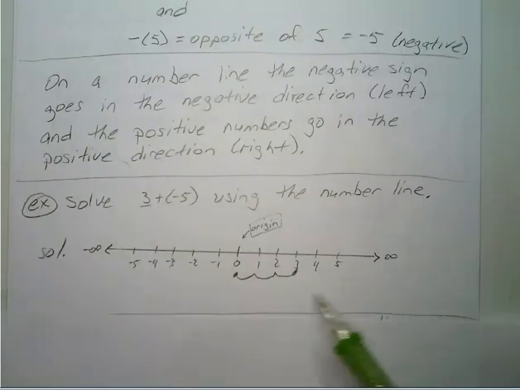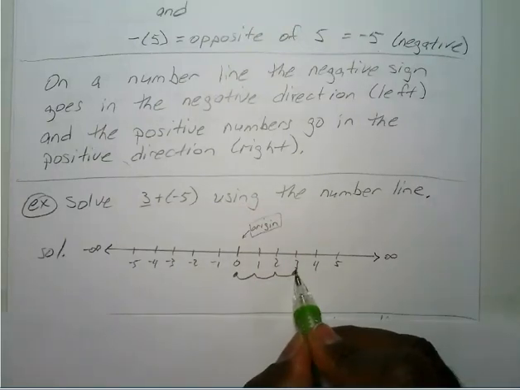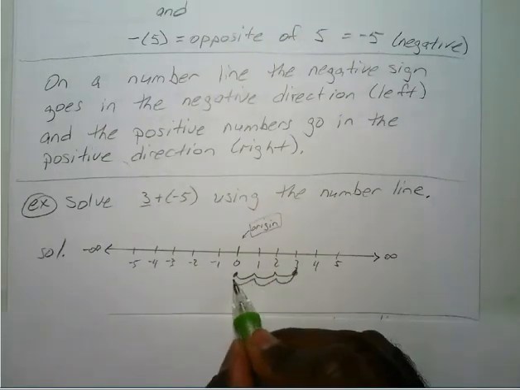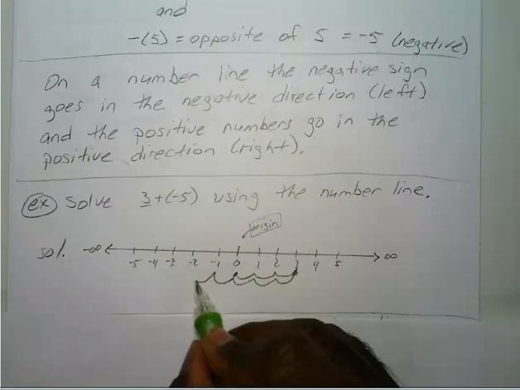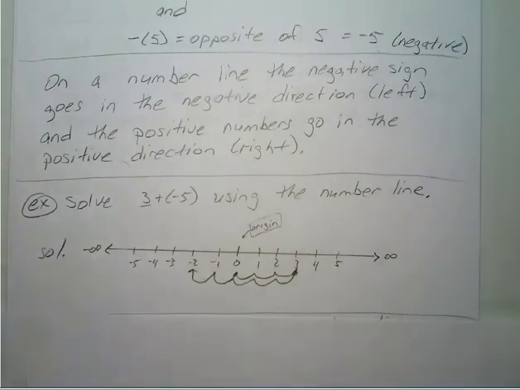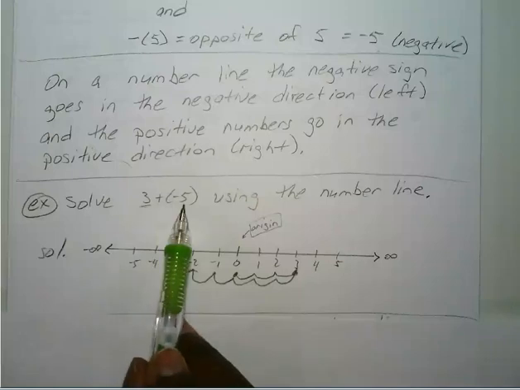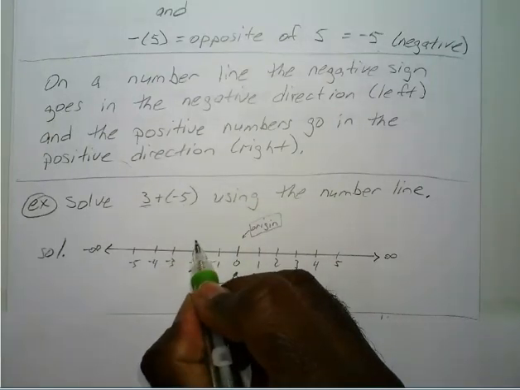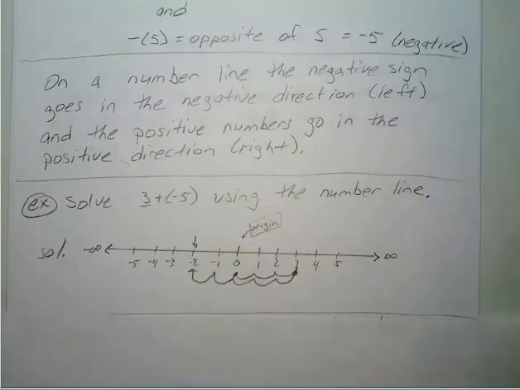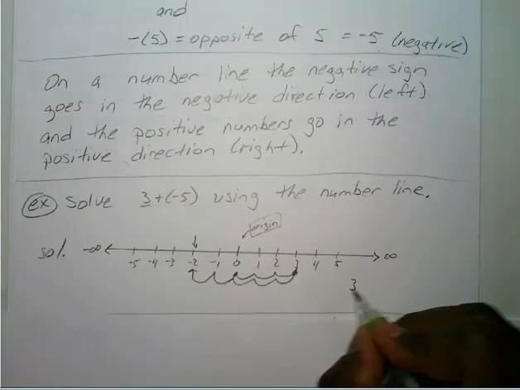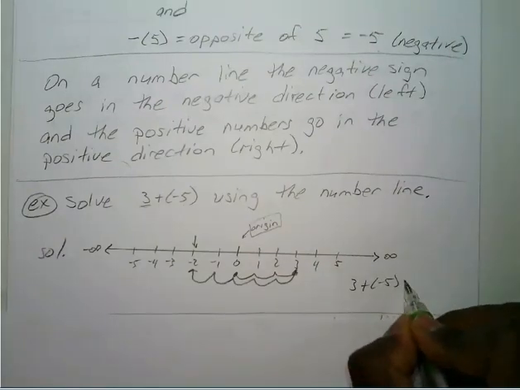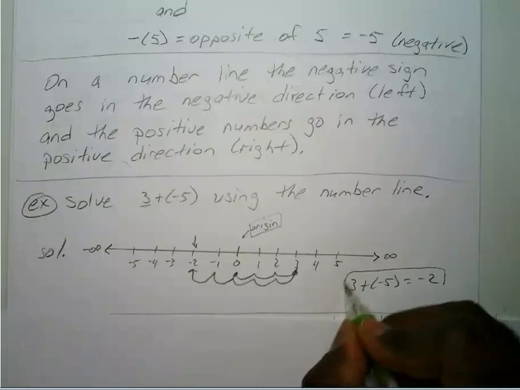Negative 5 goes in the negative direction, so we go 1, 2, 3, 4, 5. We went 3 in the positive direction and 5 in the negative direction, and we ended up at negative 2. So 3 plus negative 5 equals negative 2.